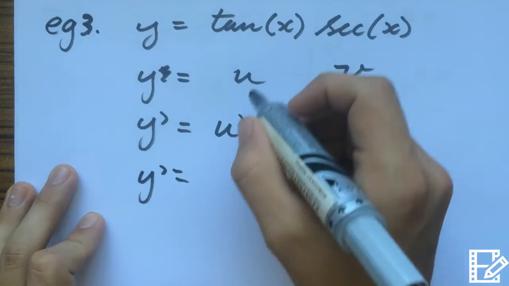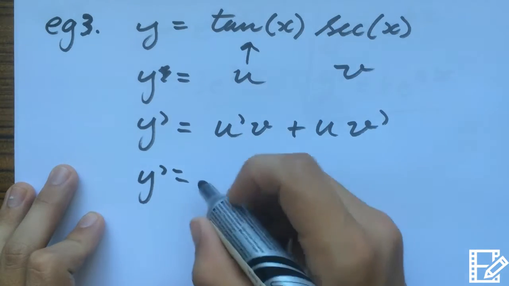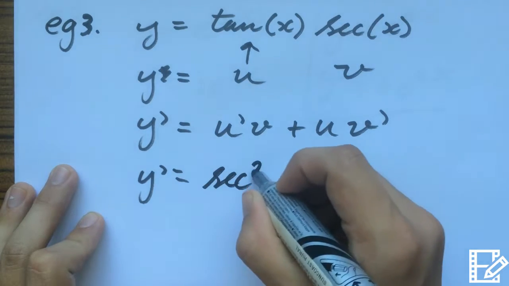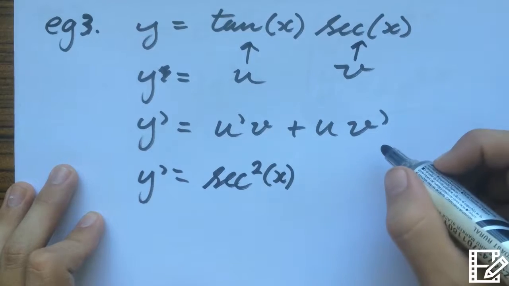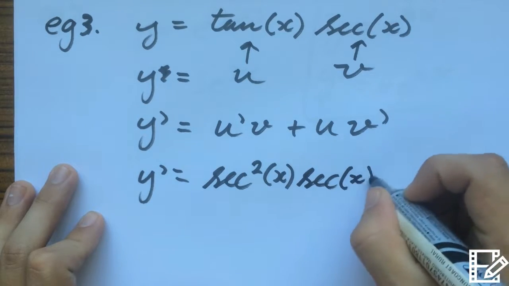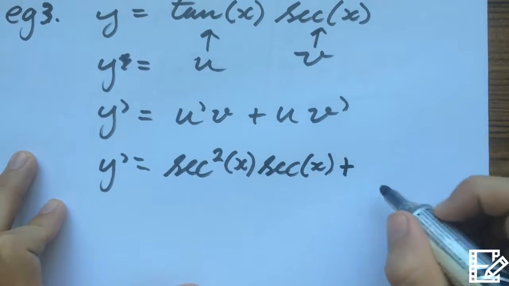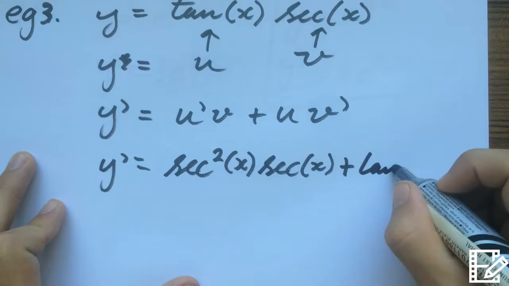U dash. If u is tan x, then the derivative of tan x is sec squared of x. V. If v is sec x, then we write sec x. Then we add u. If u is tan x, then we write tan x.